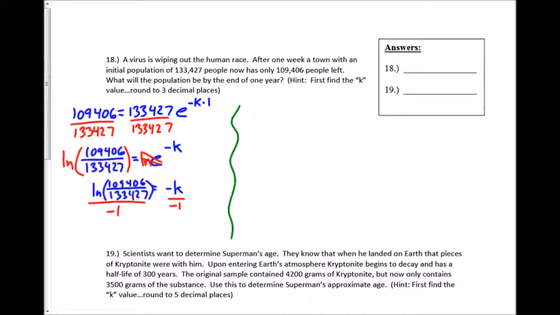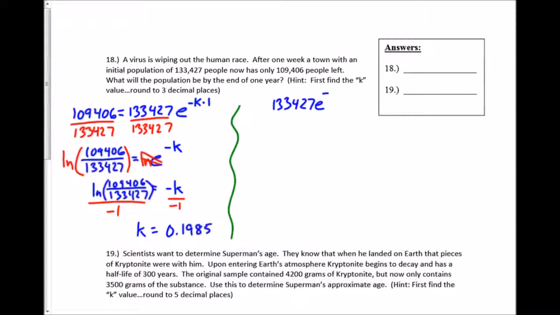So when I do that, I get something that looks like this, 0.1985 is what I'll round it to. I'll go 4 decimal places to give myself a little bit of accuracy here. So then if I want to know how many are going to be left at the end of the year, well, I know the initial amount, and I know e to the negative k.